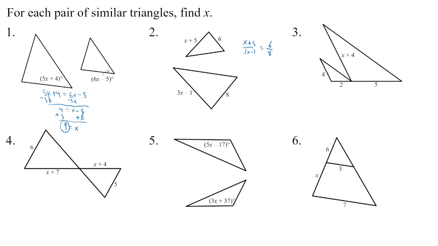We're going to solve a proportion, and we do that by cross multiplying. Therefore, we have 8 times x plus 5 equals 6 times 3x minus 1. We apply the distributive property. We have 8x plus 40 equals 18x minus 6.